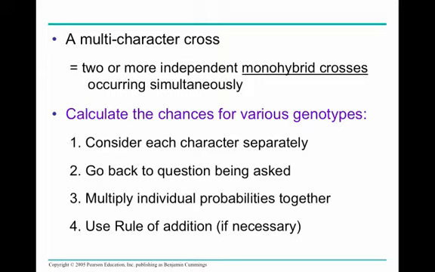So you might want to pause this video and take a look at that and make some notes as we move through. So when you're looking at a multi-character cross, you have 2 or more characteristics you're looking at, and you want to treat them all as independent monohybrid crosses. So you're only going to be doing Punnett squares that are 4 squares each.